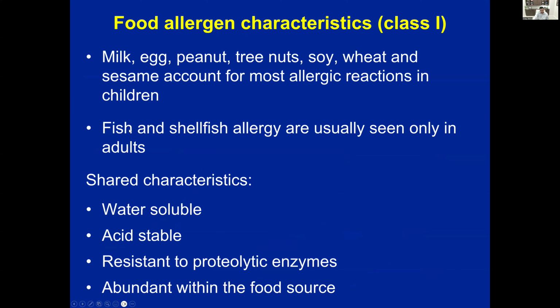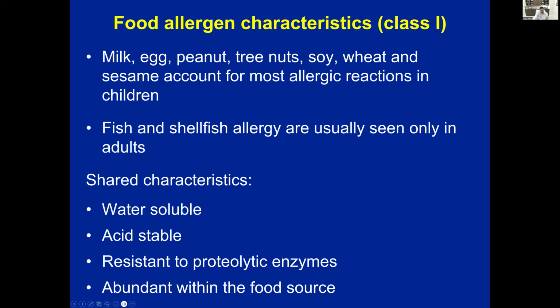In adults, fish and shellfish are also included in the list. And keep in mind that this data is for Western countries. In India, there may be slight differences, but in general, these are the common food antigens, where 90% of all reactions occur.